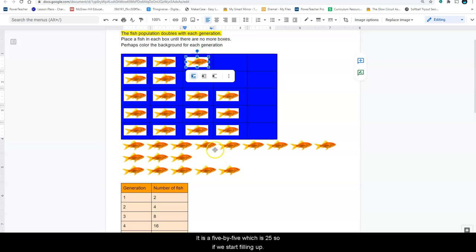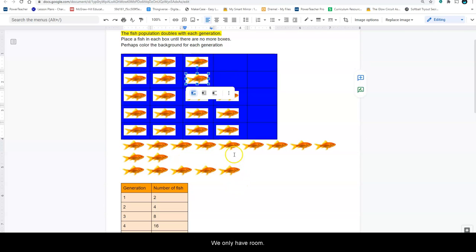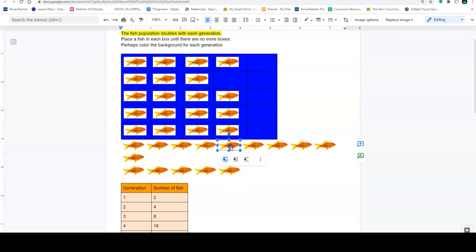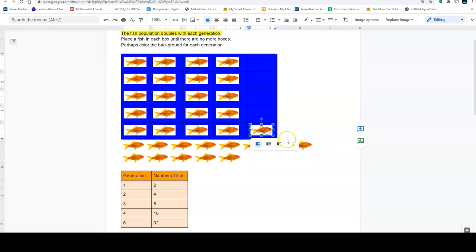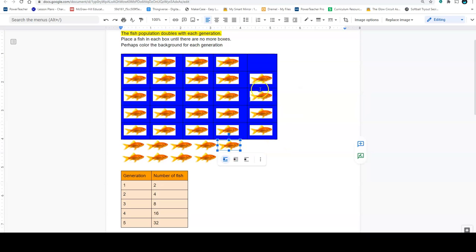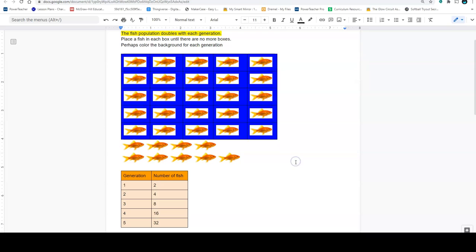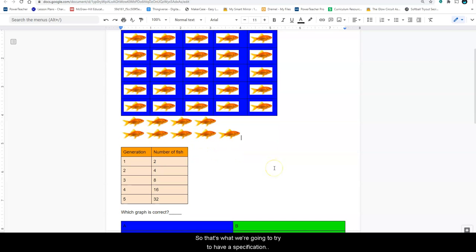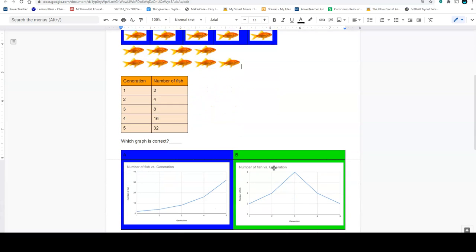So if we start filling up, we only have room for a few more, for 9 more. So what's going to happen to the rest of these fish? Well, that's where we're going to try to have this investigation lead us.